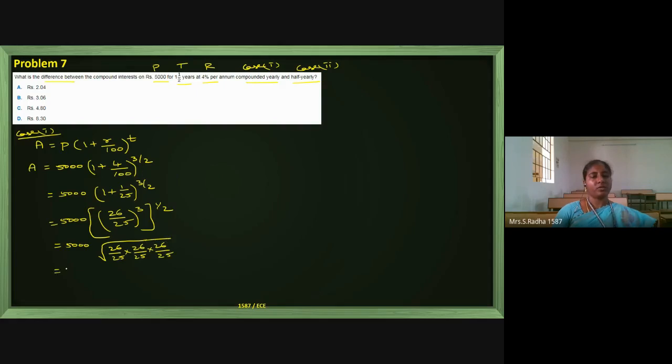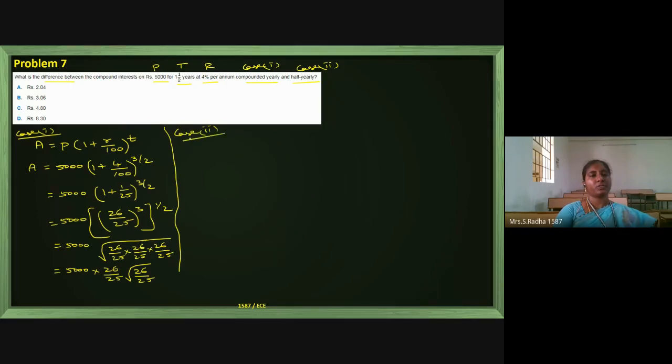So I am going to have 5,000 into 26 by 25, one time you can take it outside, and under the square root one time it is present. Now I am going to case 2. I will calculate this final answer a little later.